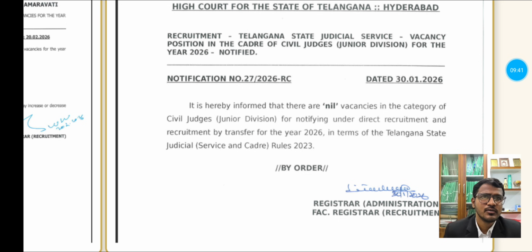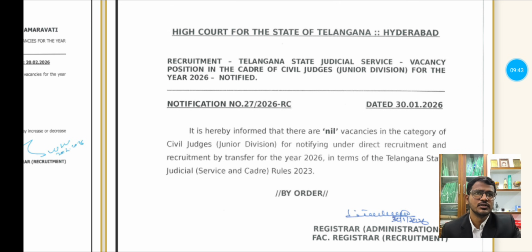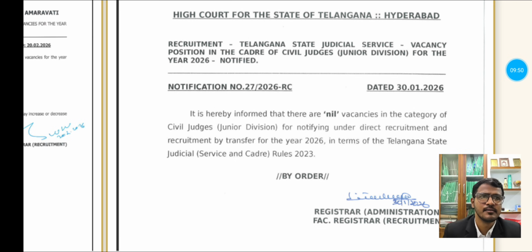Coming to the 2026 notification of Telangana judicial examination: Telangana State Judicial Service vacancy position in the cadre of Civil Judges Junior Division for the year 2026 notified.